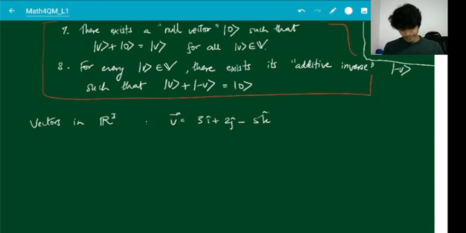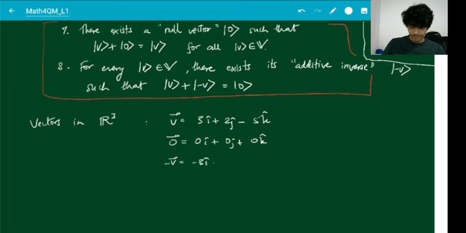And then vector addition, scalar multiplication, existence of the 0 vector, which is just 0i plus 0j plus 0k. And of course you know that for every vector v, there is also a negative vector minus v, which in this case would be minus 3i minus 2j plus 5k, such that when you add v and minus v, you end up getting 0, the 0 vector.